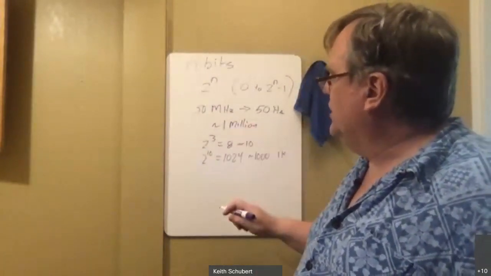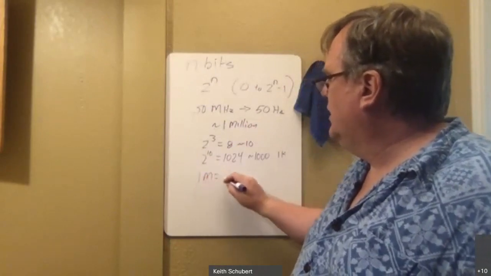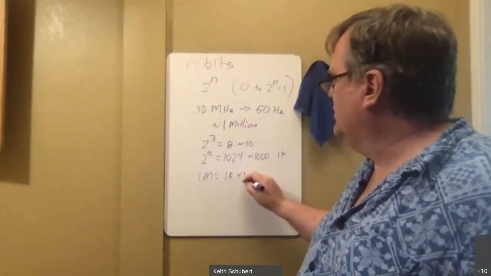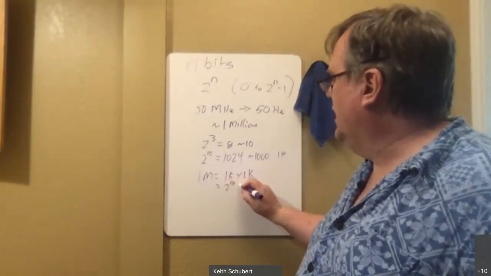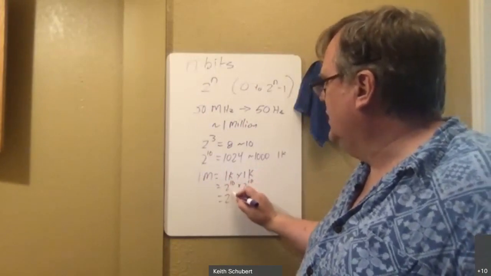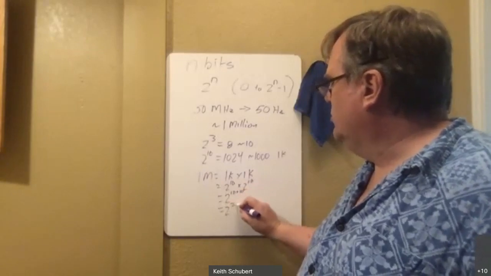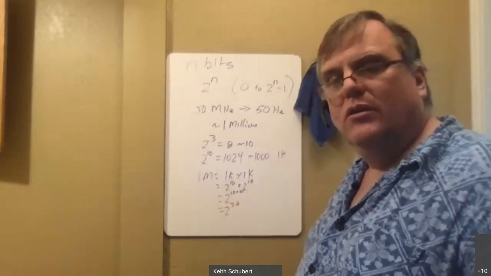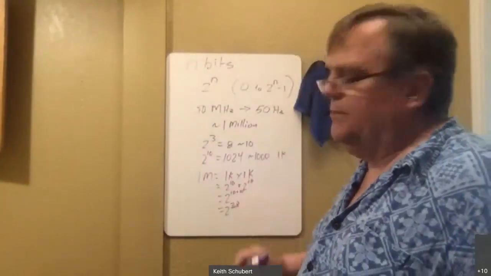Now I want 1 million. And 1 million is equal to 1,000 times 1,000, which means it's 2 to the 10th times 2 to the 10th. Power of exponents tells me this is 2 to the 10 plus 10, which is 2 to the 20. So that tells me to count to 1,000,000, I need 20 bits.